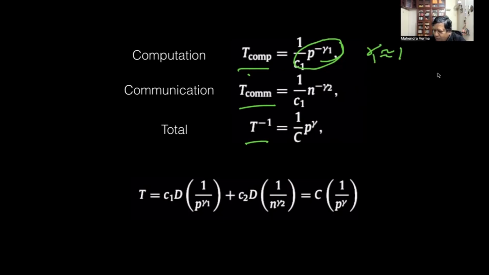Because if you put in more processors, then computation should be less. They should take less time. So gamma 1 is approximately 1. Gamma 2 is for the communication time, the total communication time. So as I told you, there is an all-to-all communication, no? So everybody is talking to everybody else.